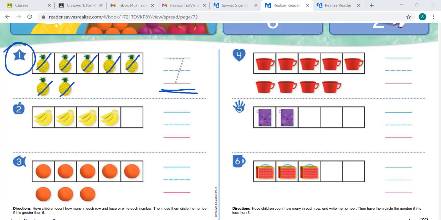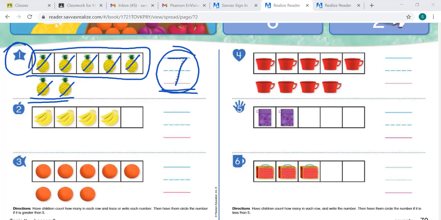So we write the number 7, and then we ask, is that number greater than 5? Yes, because the 5 frame is full and we have extra pineapples. So yes, it is greater than 5.